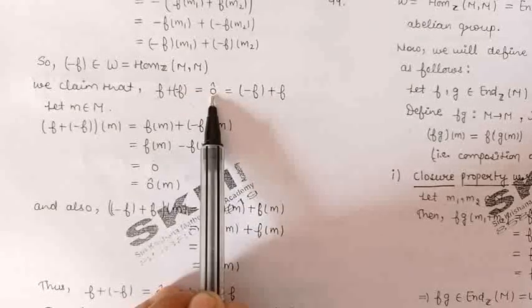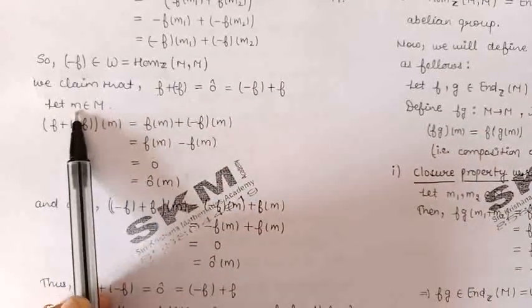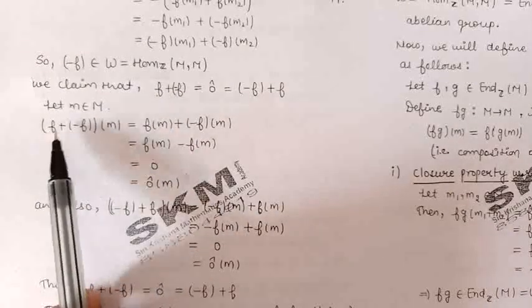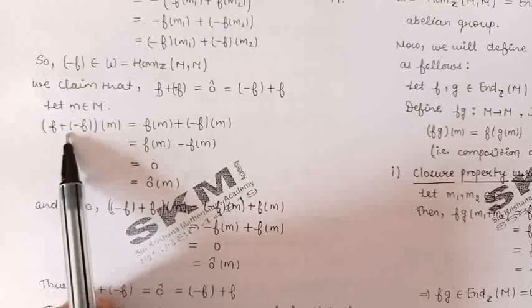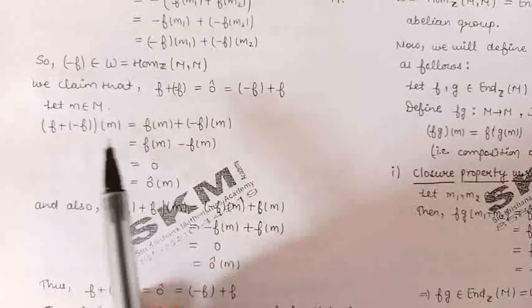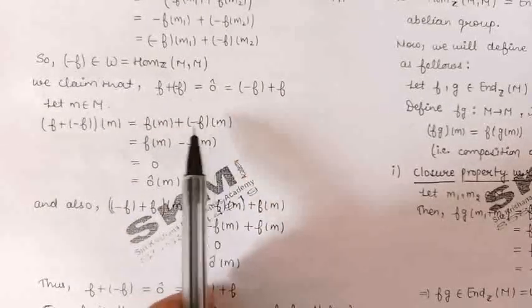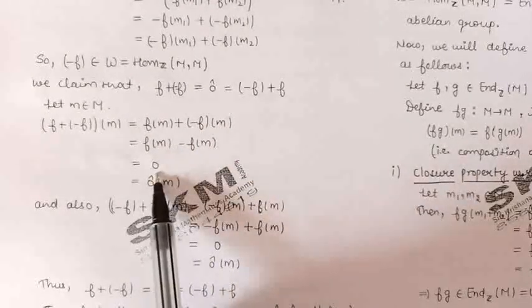Now we are to prove that F added to this mapping minus F gives us the zero homomorphism. To prove this, let us take an arbitrary element M belonging to M, and we find the image of M under the mapping F plus negative of F. By definition of addition, we can write it as image of M under F plus image of M under minus F. So these will be cancelled out, so we get 0.